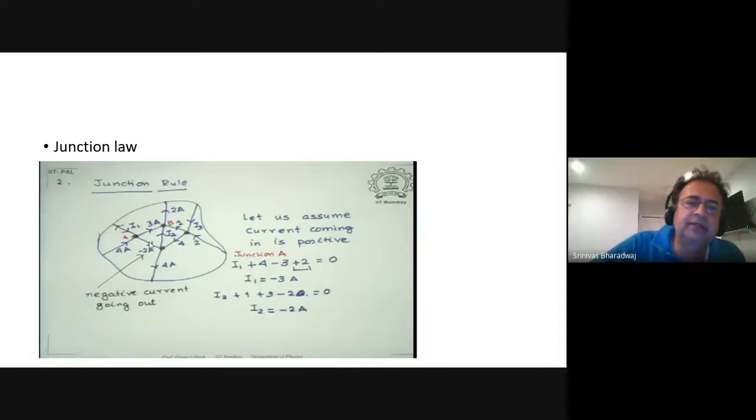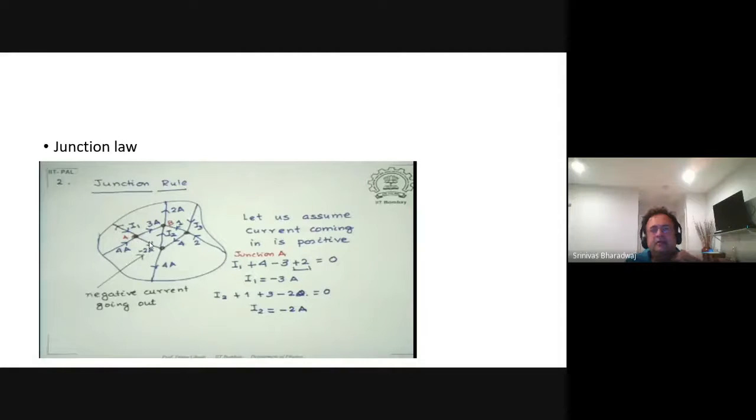Notice that here there is a negative current, but you stay with the convention. On the left-hand side you have all the incoming currents, I1 plus 4A, and on the right the outgoing currents, 3 minus 2A. So that gives you the result.